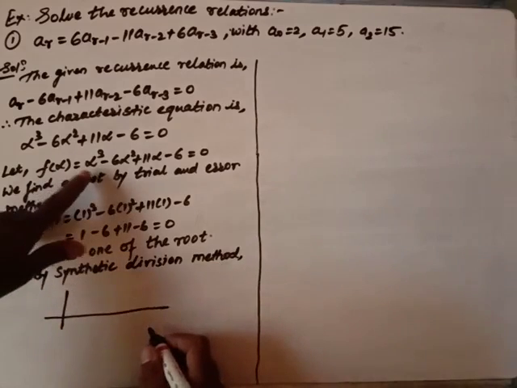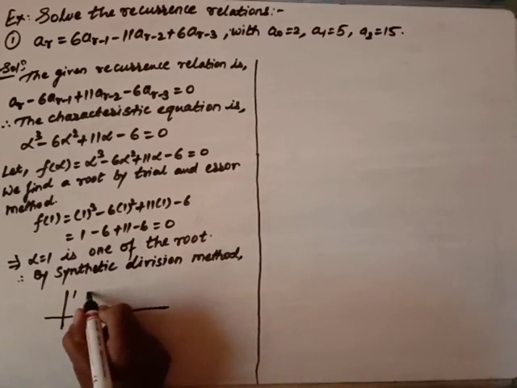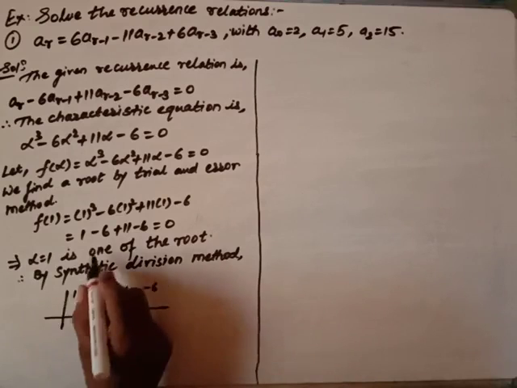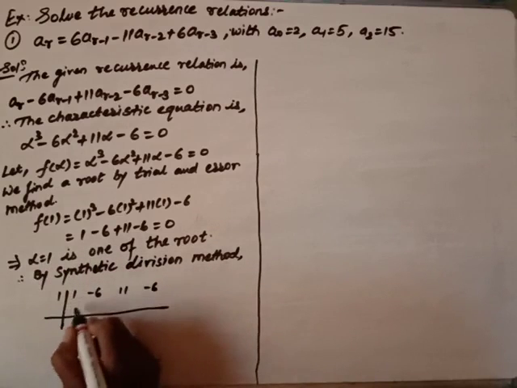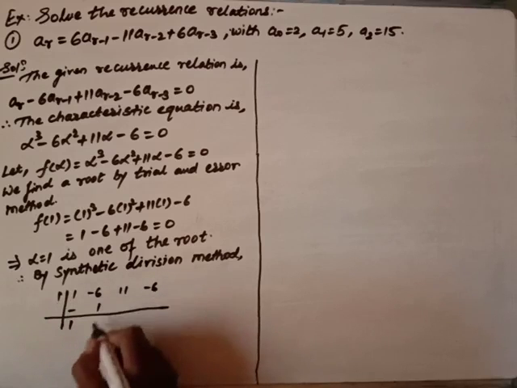Here we will write the coefficients of this equation first: 1, minus 6, 11 and minus 6. Here this root 1 we will write here. Now this 1 as it is, we won't write anything here. This 1 into 1 will be 1, that we will write. We add these, so it will be minus 5.